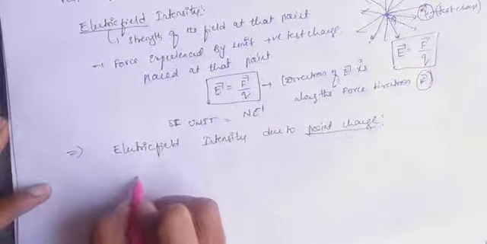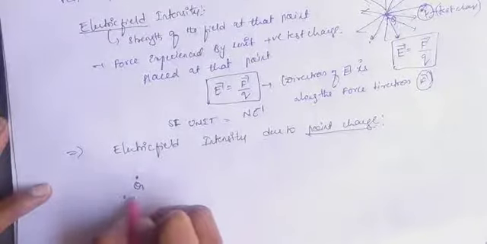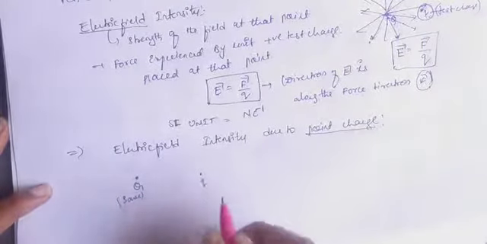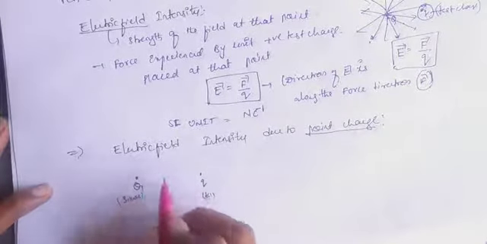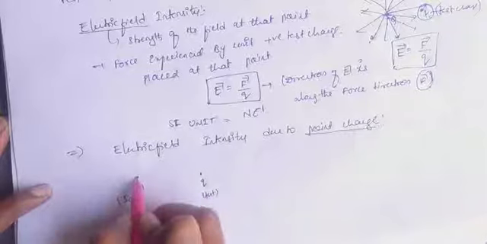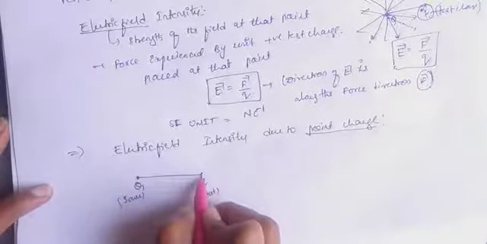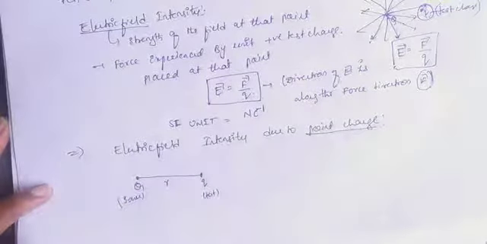Here I have one source charge, that is Q. This is the source charge, and here I am placing another charge, the test charge. Now I want to get the electric field intensity due to this point charge. There exists some distance between the two charges.